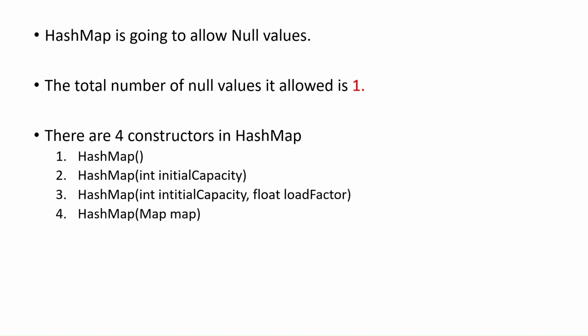The first constructor is HashMap with no arguments, and the second constructor is HashMap with one argument, which is the initial capacity of data type int. The third is initial capacity and load factor, that is two arguments of data type int and float respectively. And the fourth one takes a Map, which is a class available in the util package.